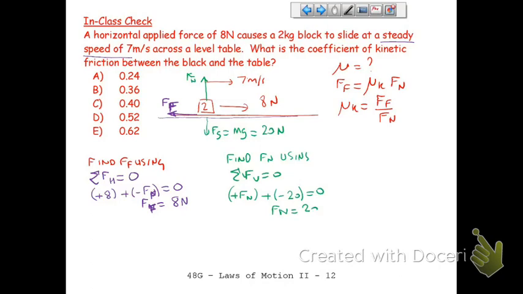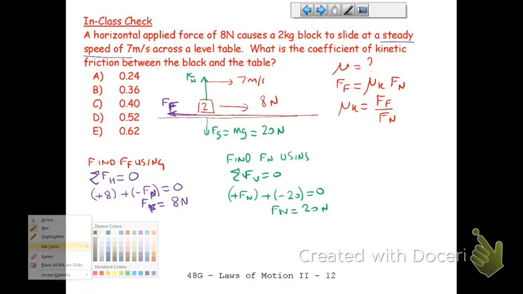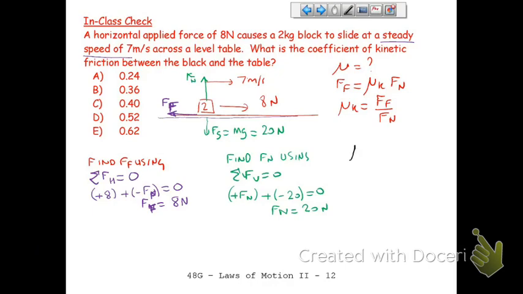Fn is equal to 20 newtons. Mu k is equal to FF, which equals 8 over 20. Mu k is equal to 0.4. What are the units for mu k? No units.